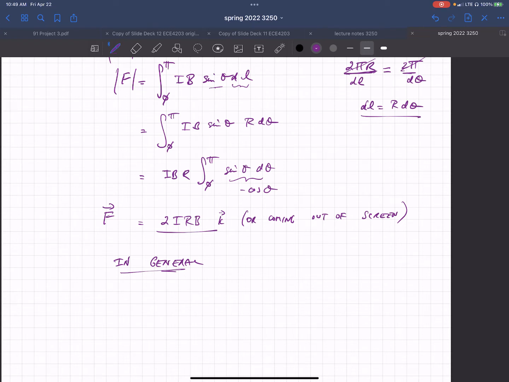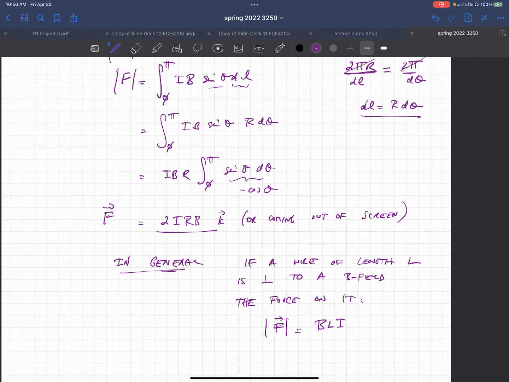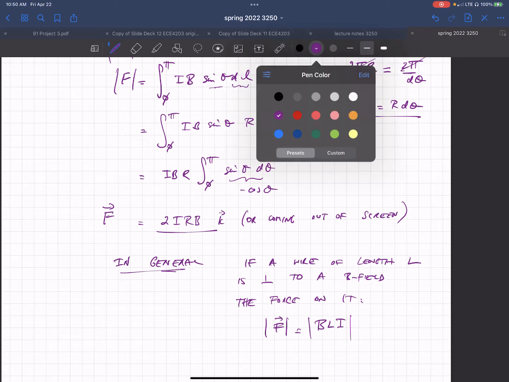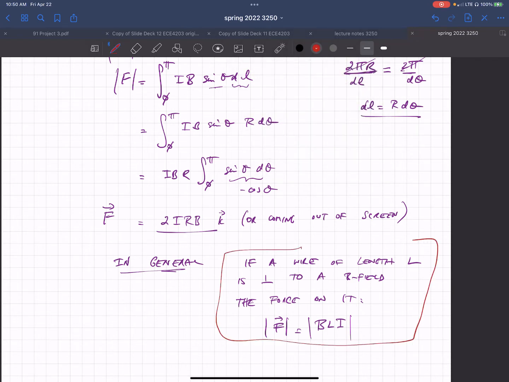But in general, if a wire of length L is perpendicular to a B field, to a magnetic field, the force on it, the amplitude of the force will be BLI. So I want to remember that, because we'll be using it in a minute as a shortcut.